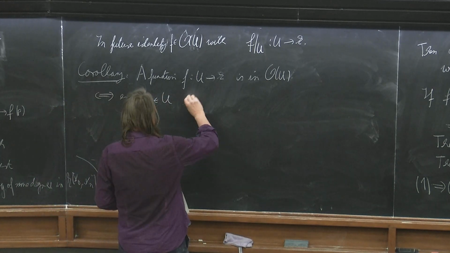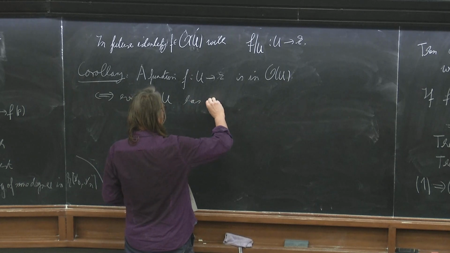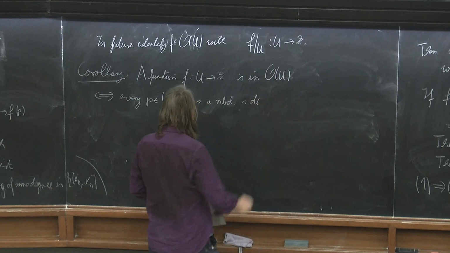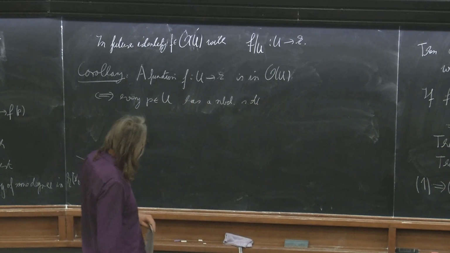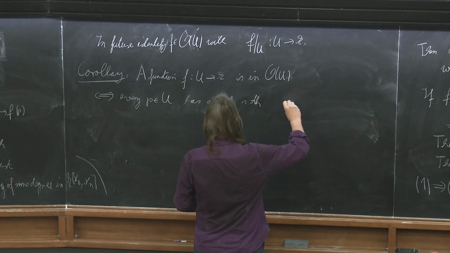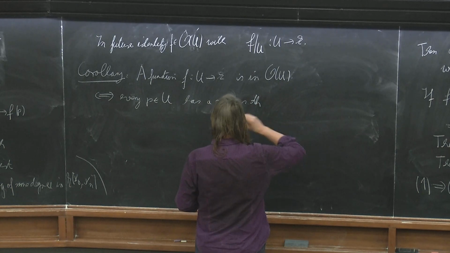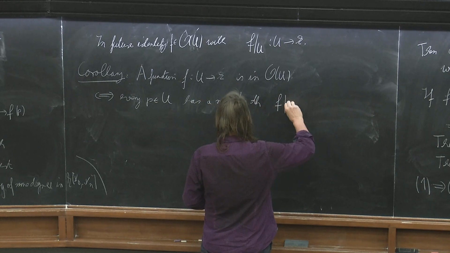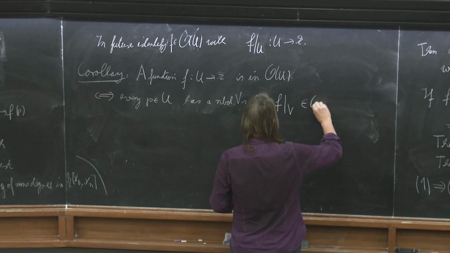U has a neighborhood, I take this neighborhood, I call V, such that f restricted to V is regular.